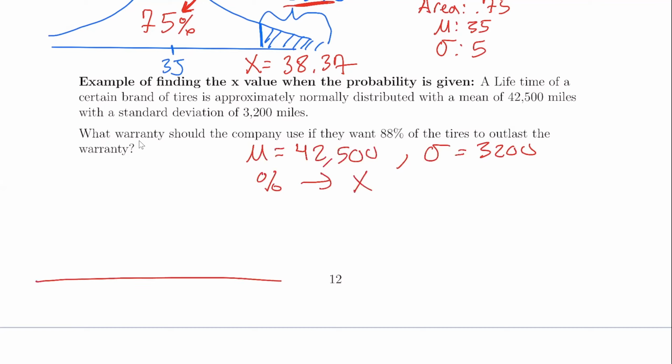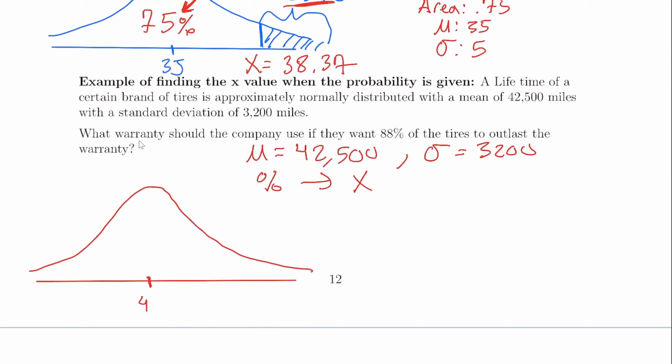Let me draw this out. The middle will be 42,500. We want 88% of the tires to outlast the warranty, so we want the warranty to be below the average.